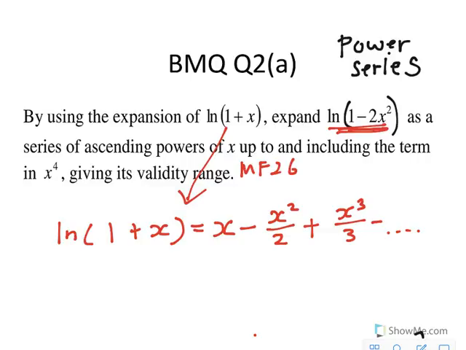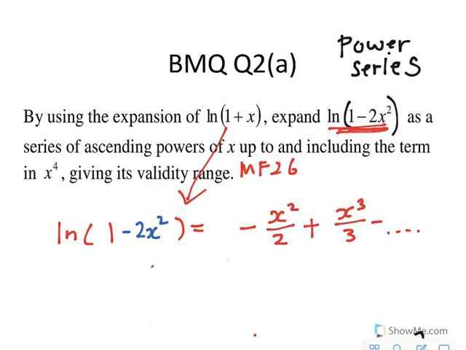Intuitively, all we need to do is replace x with -2x². That's all we need to do. So we erase the x and put down -2x².